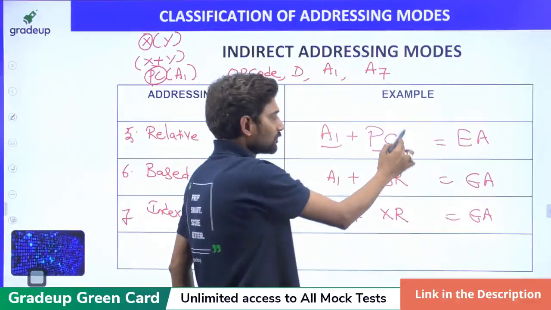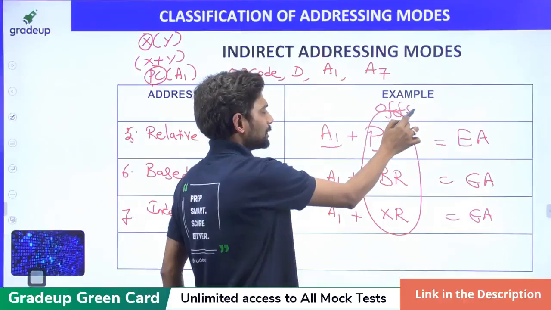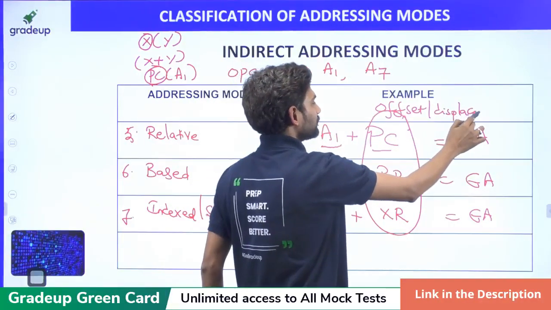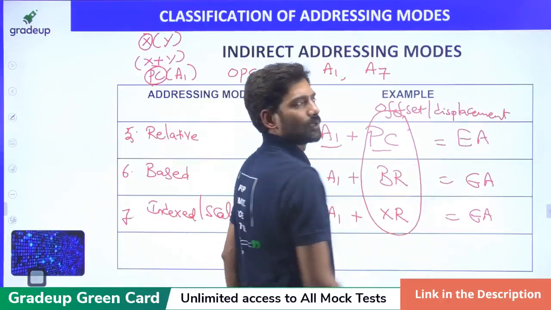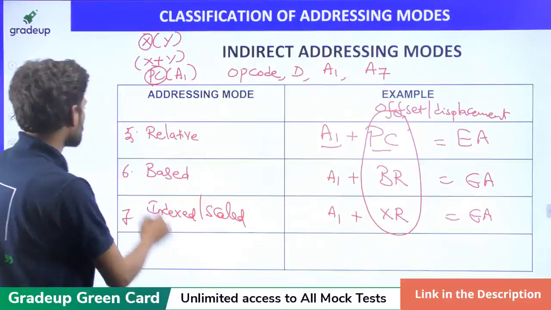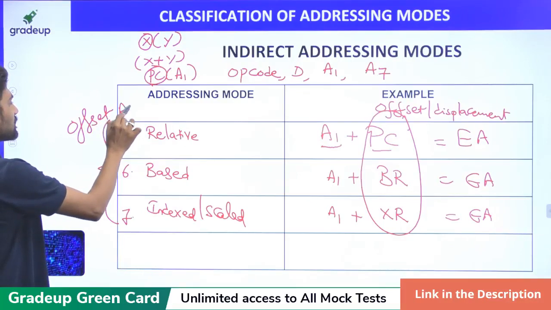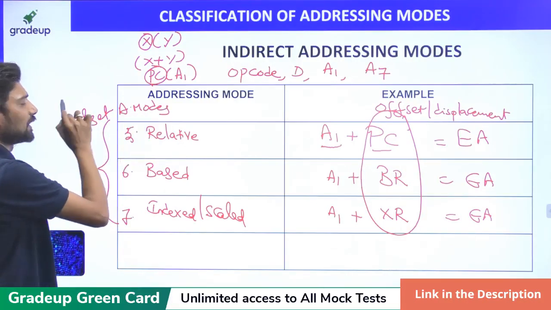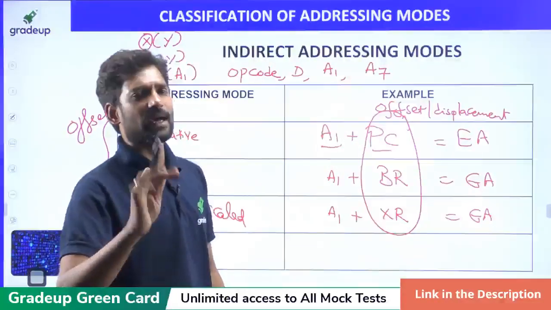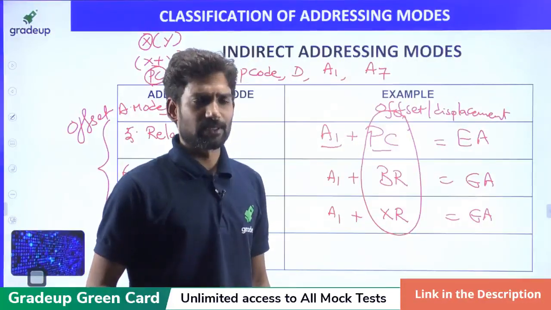So what do we call this? Offset or displacement. So these three together are called offset addressing modes or displacement addressing modes, because these are similar. What value you are adding is the only difference, but the operation is similar, isn't it?